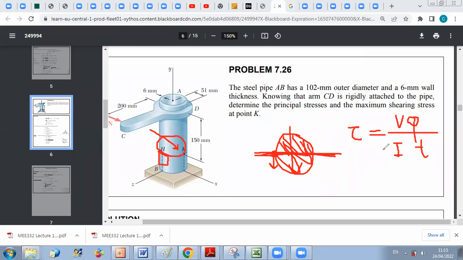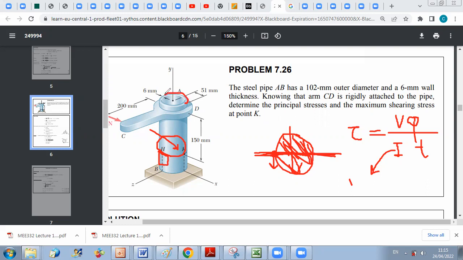So we have I, which is for the whole circle about the neutral axis. We get it from the formula sheet. Here, pay attention also that you don't have a full circle, you have an annulus.